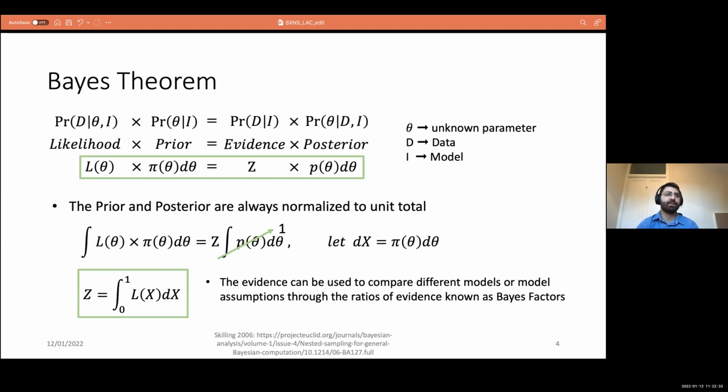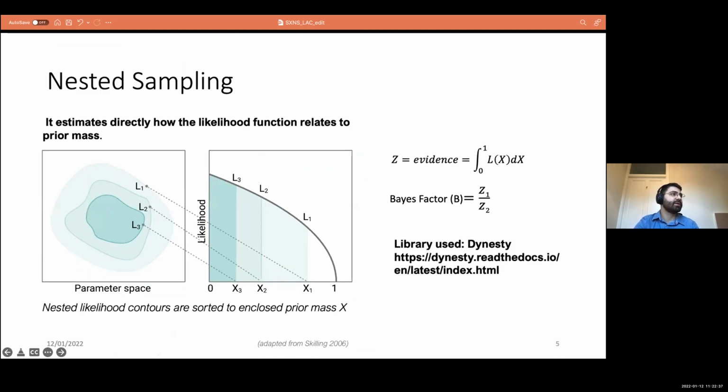Typically, calculating the evidence is not straightforward, but to the rescue came John Skilling in 2004, who came up with a new algorithm called nested sampling, which estimates directly how the likelihood function relates to the prior mass.